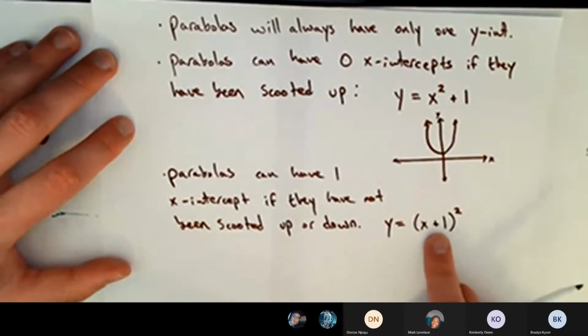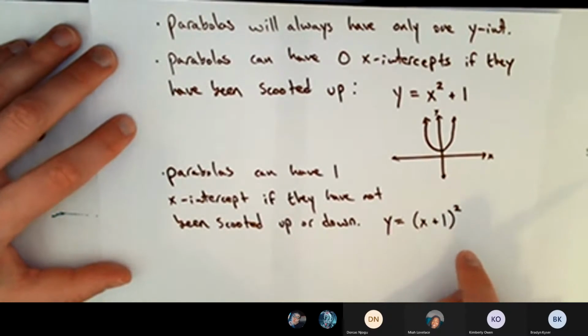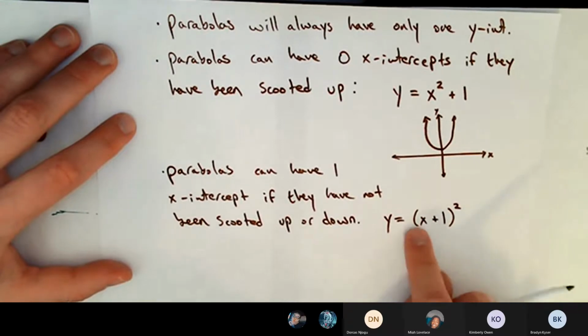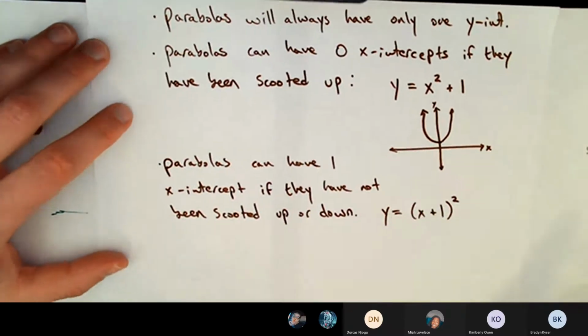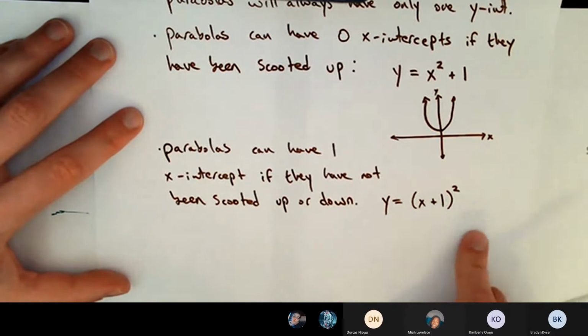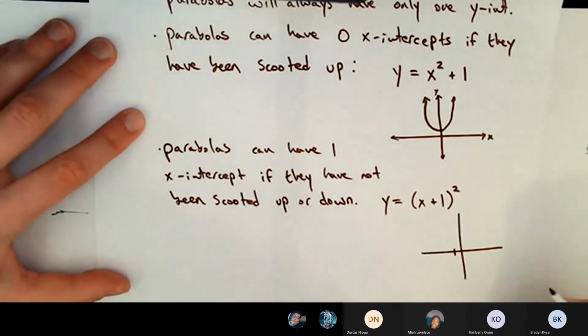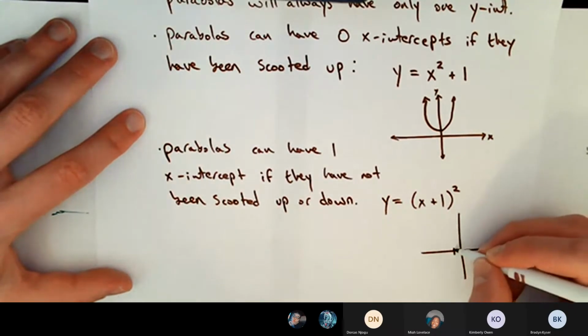Remember I said earlier, in example 3, when you add or subtract stuff inside directly next to the x, that scoots the x values. So this scoots it left or right. It would actually scoot it to the left if it's a plus 1. A little counterintuitive, it scoots it to the left.